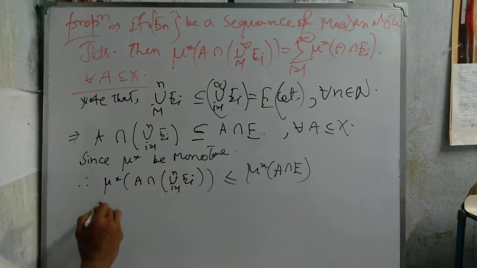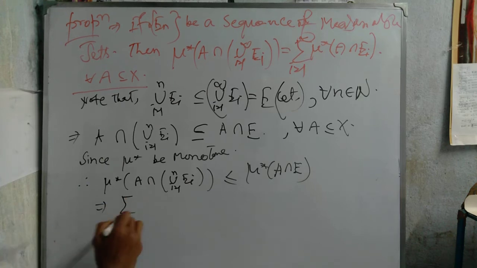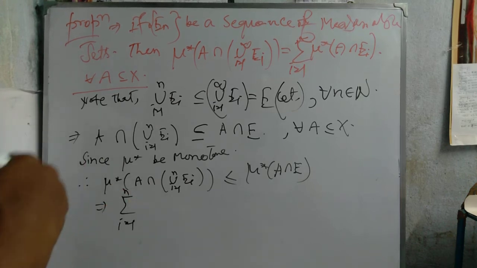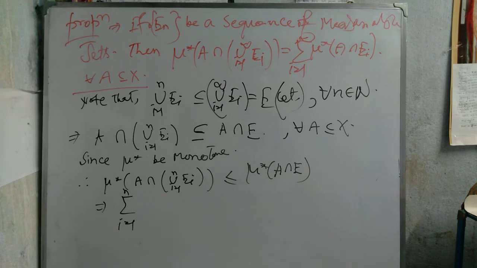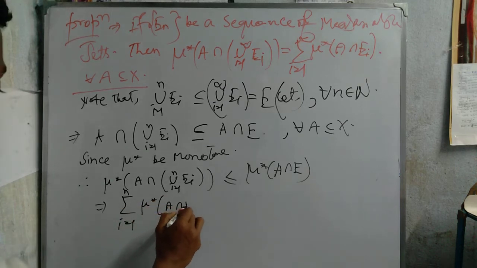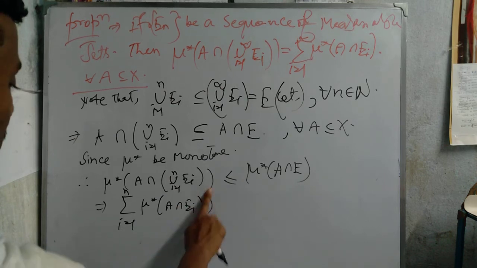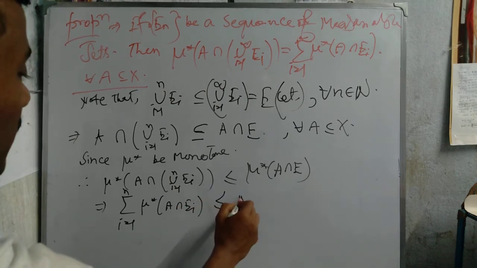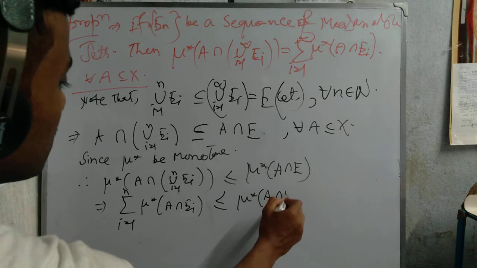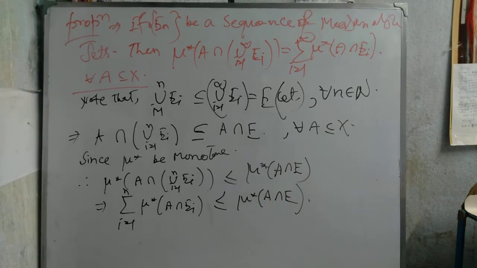Obviously. Now what do we write here? From the previous last result, this one equals this, and is less than or equal to this one. Yes or no? Yes. Then we go forward. What do we take?